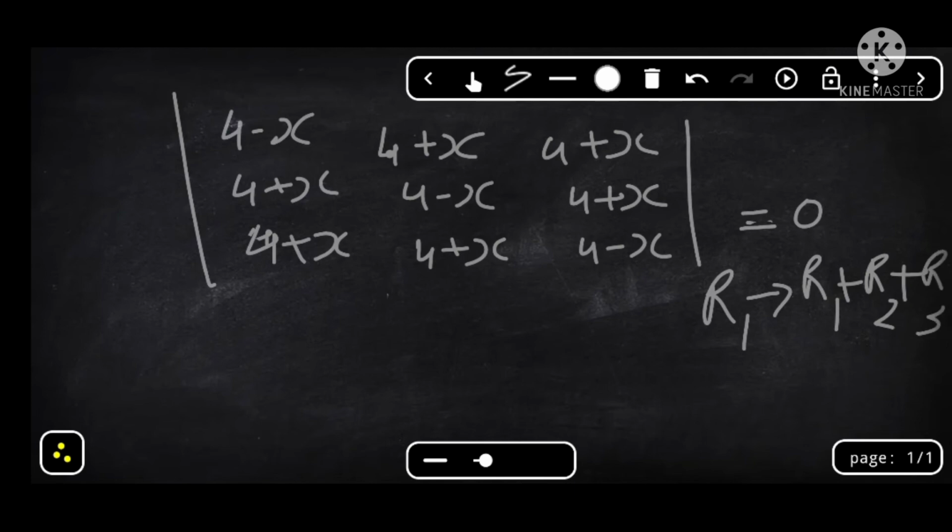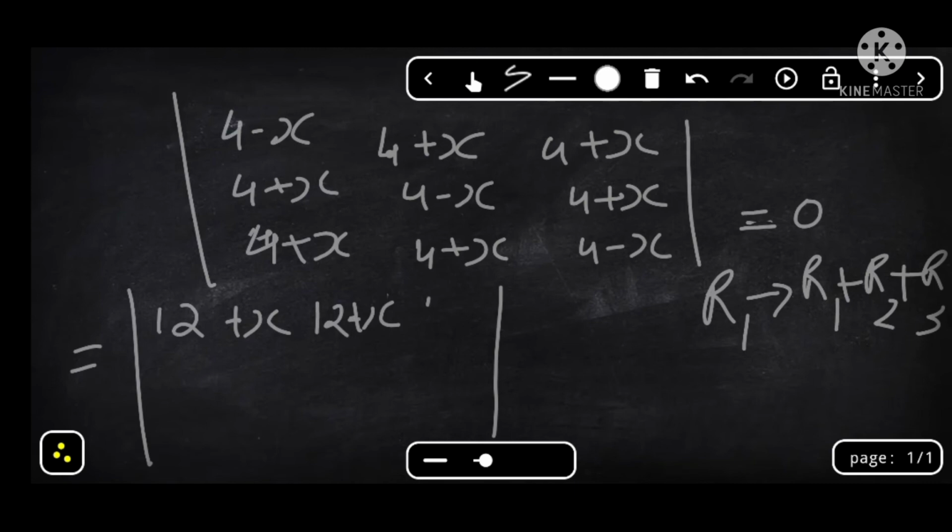Okay, so if we add R1, R2, R3, what we will get? So 4 minus x plus 4 plus x plus 4 plus x will give you 12 plus x. Here also 12 plus x. 12 plus x. Okay, the other rows will remain as such.